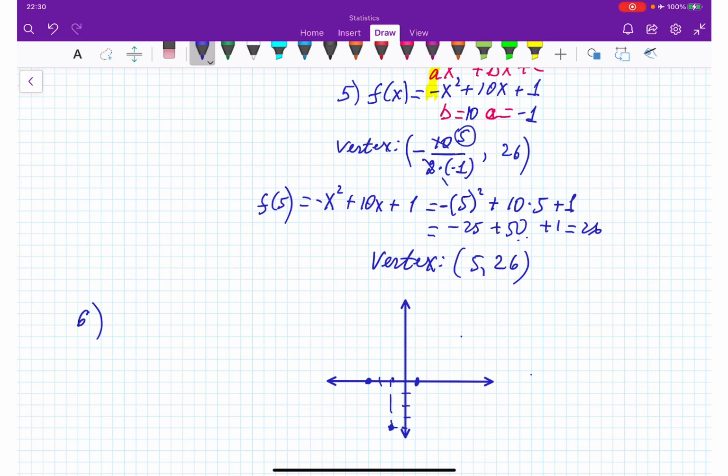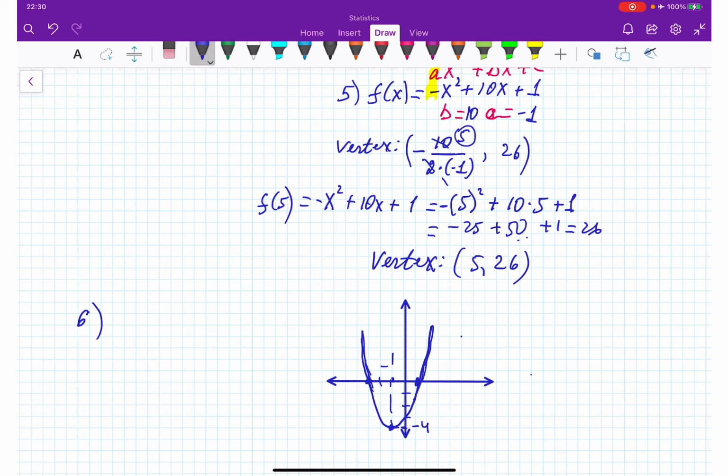So the graph is going to go like this. This is going to be my graph. Negative 1. This is negative 4. Okay.